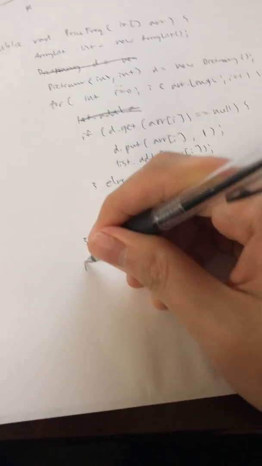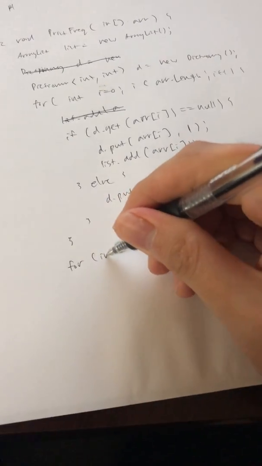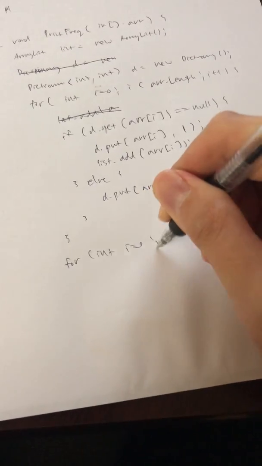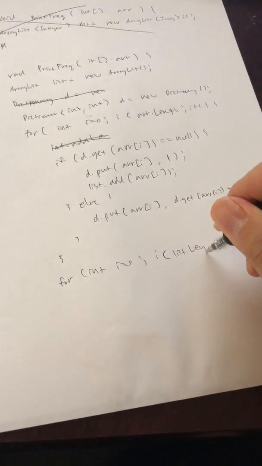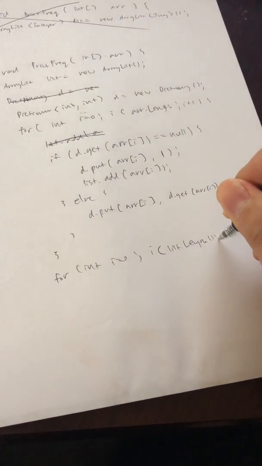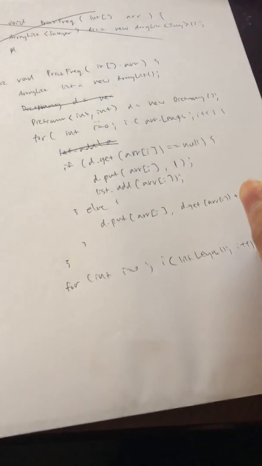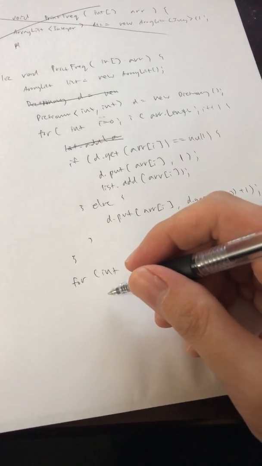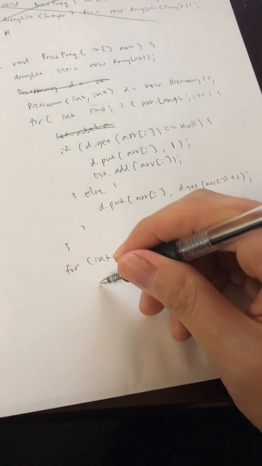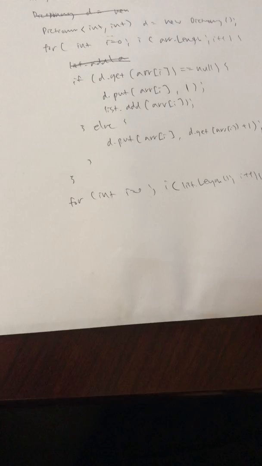So I'm going to do for int i equals 0, i less than list dot length, i plus plus. So I need a nested for loop, but it's not necessarily n squared because I'm only printing by the frequency.